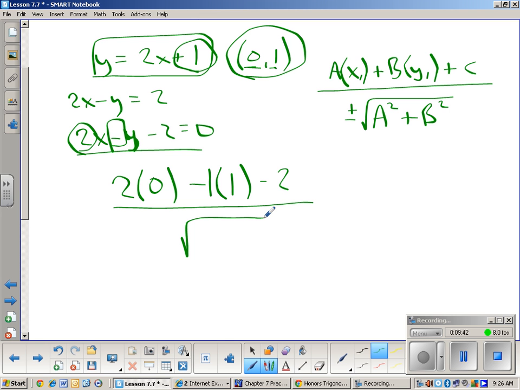And then a squared was 2, and b squared is 0. And then plus or minus. The reality is it's not going to matter. Okay?